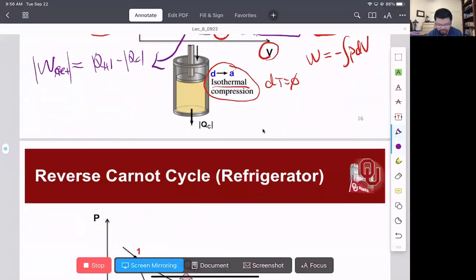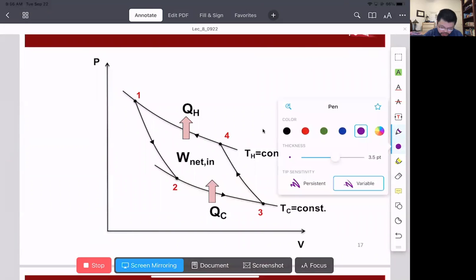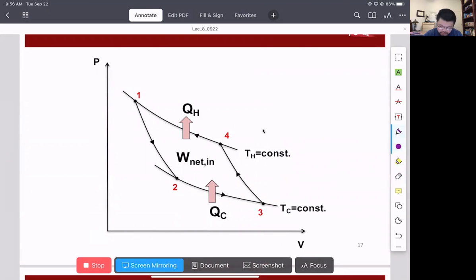But before that, let's take a quick check on the reversible. So it's not the same direction. Now you can see that this is not clockwise. This is moving counterclockwise. This is the reversible direction. We are still having the exact same setup of the diagram.